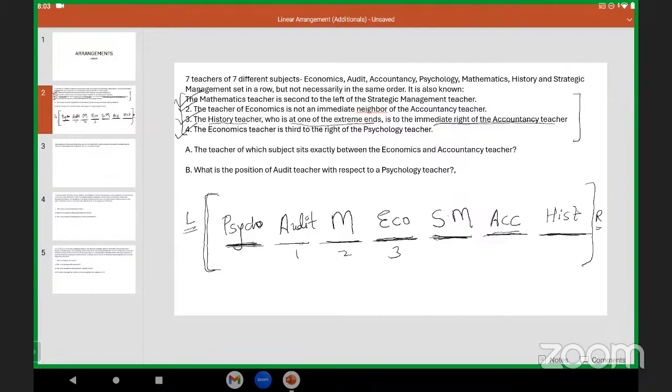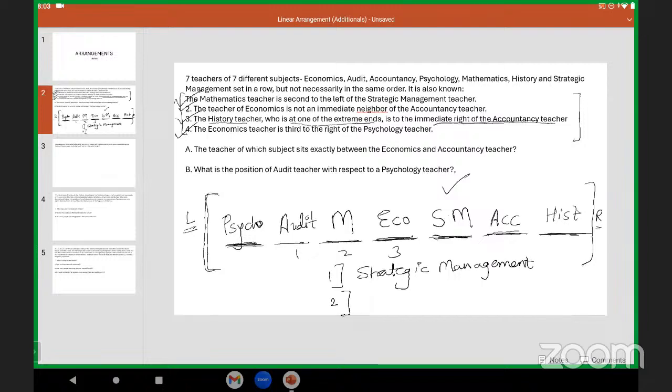So there are two questions given. Question number one: the teacher of which subject sits exactly between economics and accountancy teacher? Economics and accountancy teacher. So question number one answer is strategic management teacher. Question number two: what is the position of audit teacher with respect to that of psychology teacher?